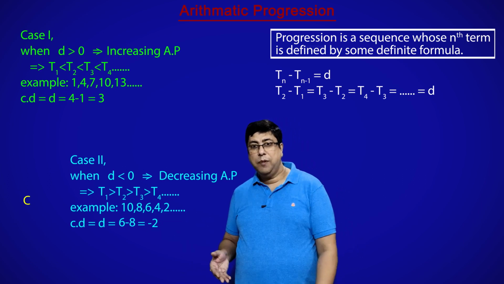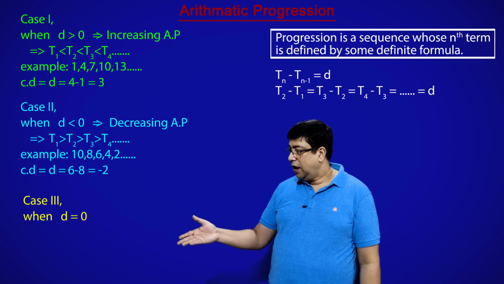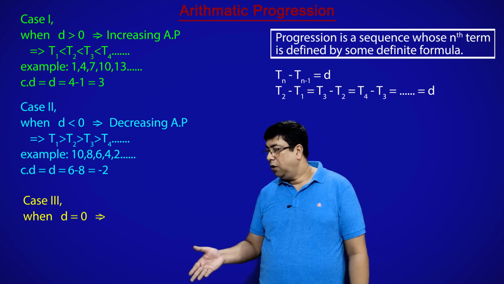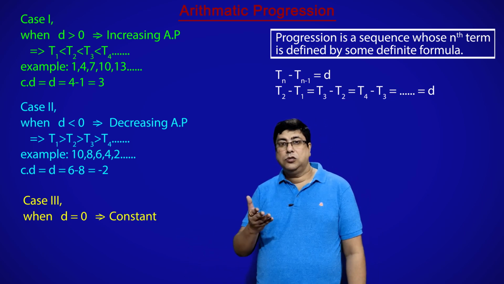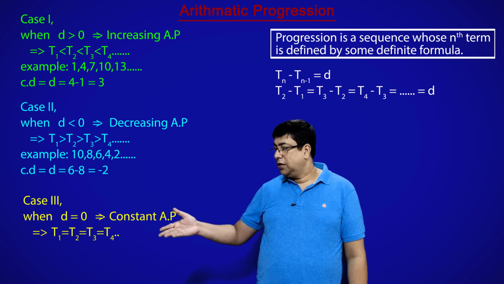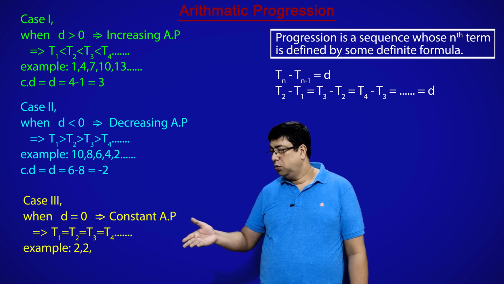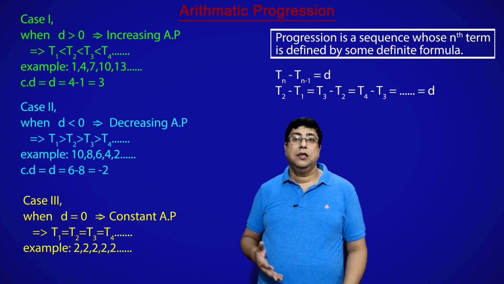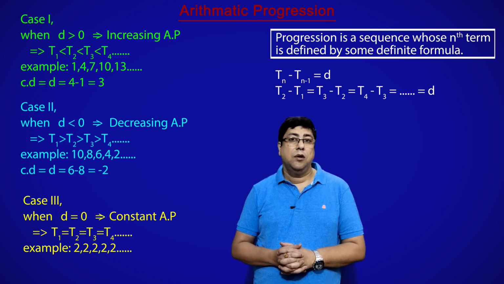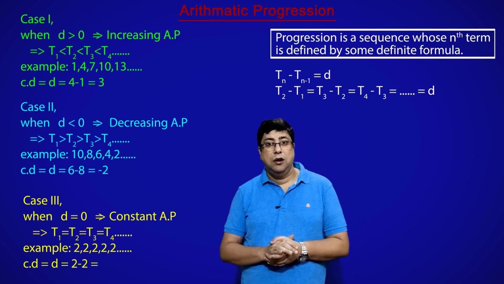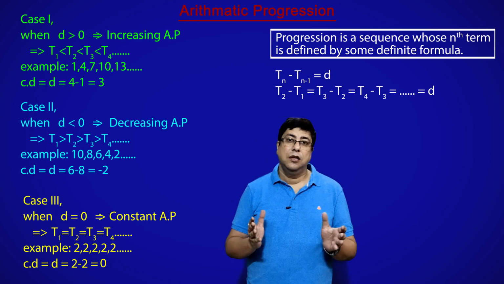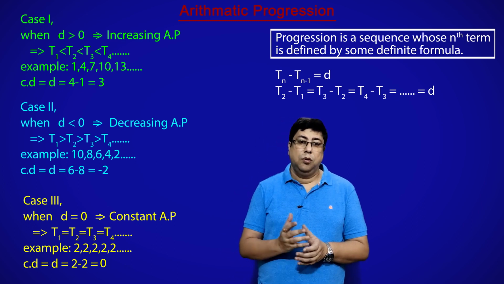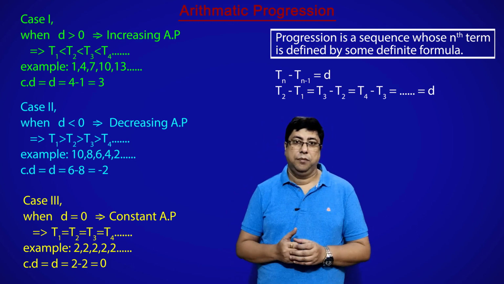And case 3, everyone, we are saying that when d equal to 0, this is the constant AP. In this case, suppose 2, 2, 2, 2, 2. The terms are neither increasing nor decreasing, because the common difference is 0. So the terms are constant.